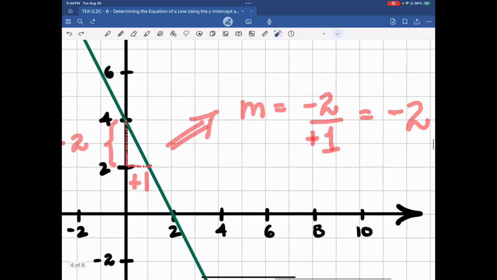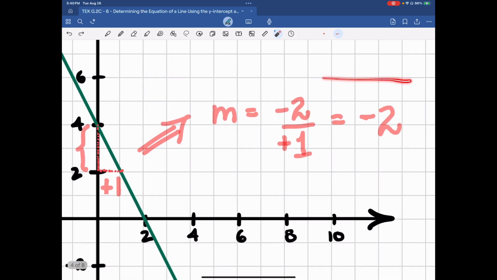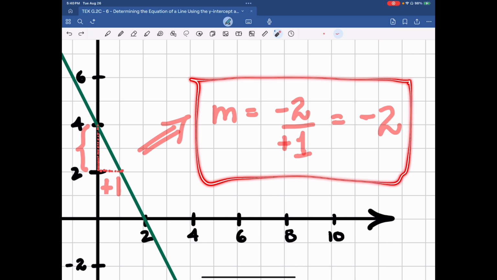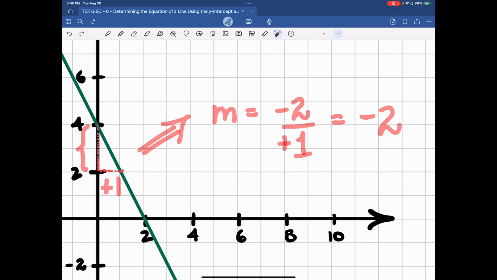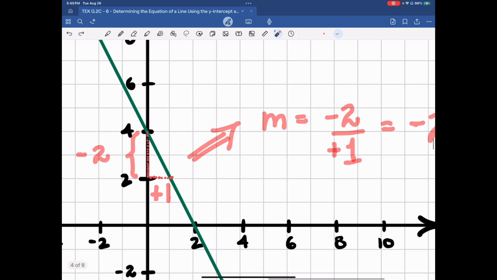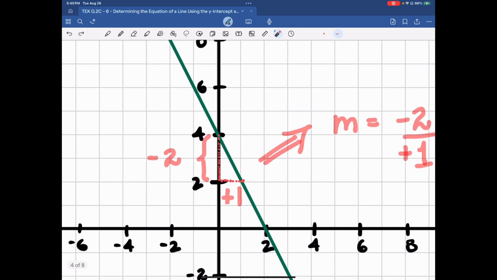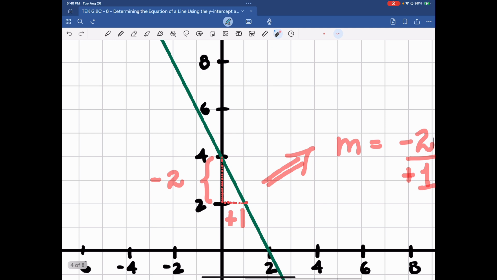And so I wrote that right here so you can see it. The slope is a -2 over a +1, which turns out to be a -2. So let's say that you didn't want to go down, you wanted to go up. If we do that same process where we figure out where the graph crosses the grid so that it matches the vertical and horizontal marks on the grid, that would happen here. So we're going to start at our y-intercept. We're going to go up 1, up 2.